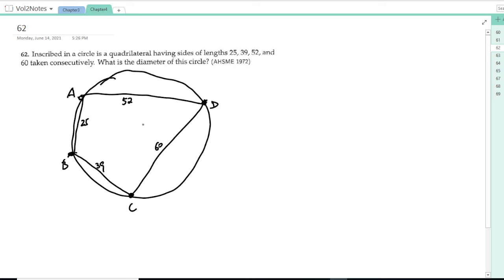The question asks: what is the diameter of this circle?